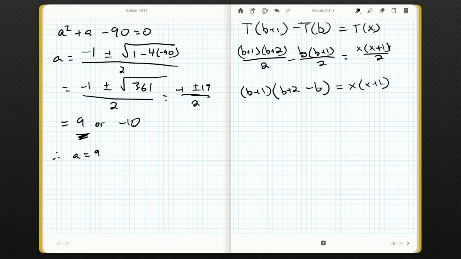Okay. Well, b plus 1 minus b, those b's cancel out. So we're going to be left with b plus 1 times 2 is x times x plus 1.